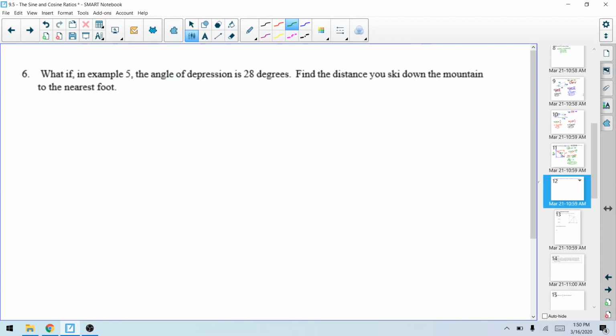Number 6. What if, in example 5, the angle of depression is 28 degrees? Find the distance you ski down the mountain to the nearest foot. So this time we made the angle a little bit larger, which means you're probably going to go a little bit faster. But anyways, this time, here's your dude.